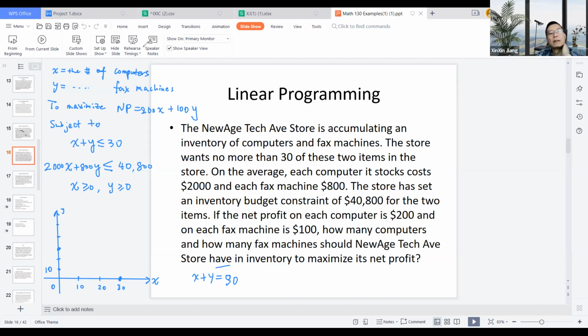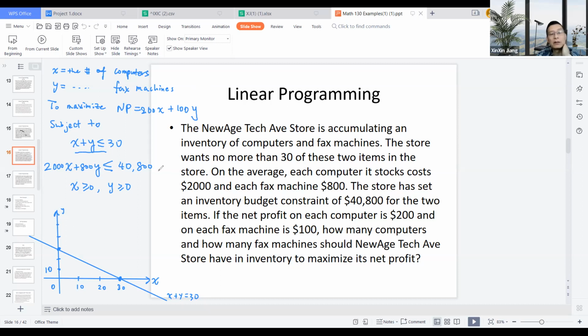All right. So let's draw the line. Okay. And now we mark x plus y equals 30. And then it's less than or equal to, right?